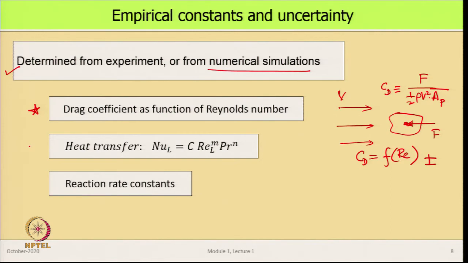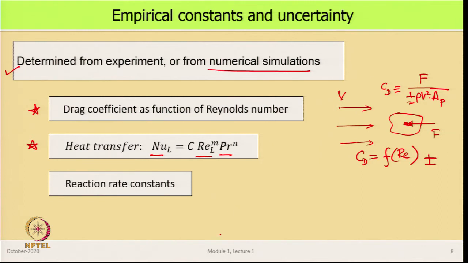A second example is from heat transfer, where we commonly express the heat transfer coefficient as a non-dimensional number, the Nusselt number, as a function of Reynolds number and Prandtl number. Some of these relations have recently been obtained from numerical simulations.